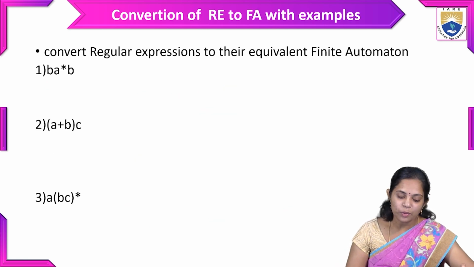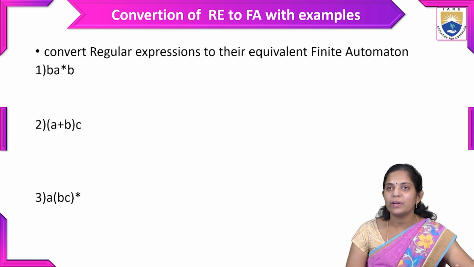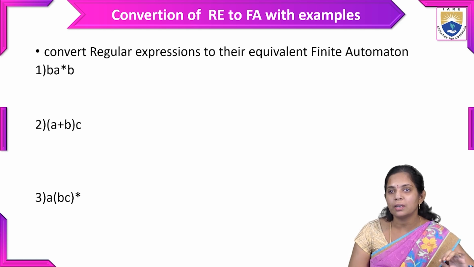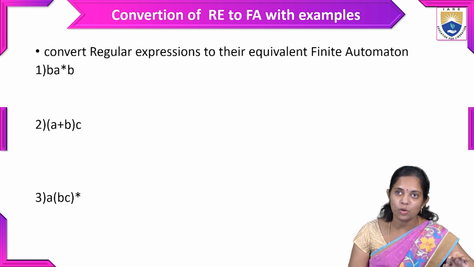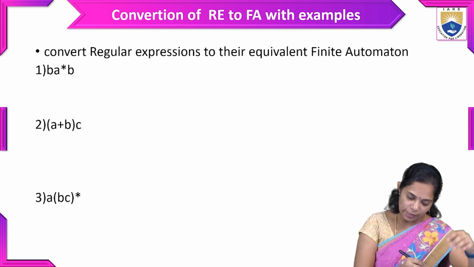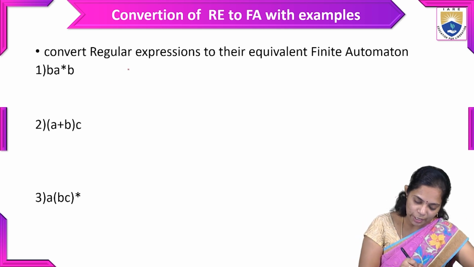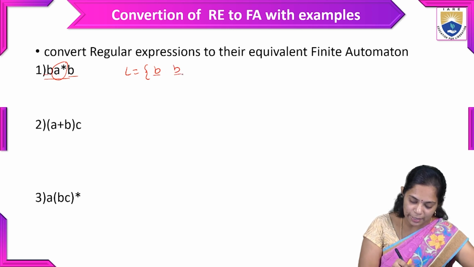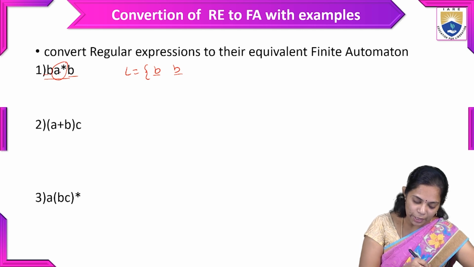Next, convert the regular expressions to their equivalent finite automata. Here are some examples. Let's solve this one. First, when we see the regular expression, try to find the language for it. It starts with b and has a star in the middle. So b is the start and b is the end, and in between a star is there.